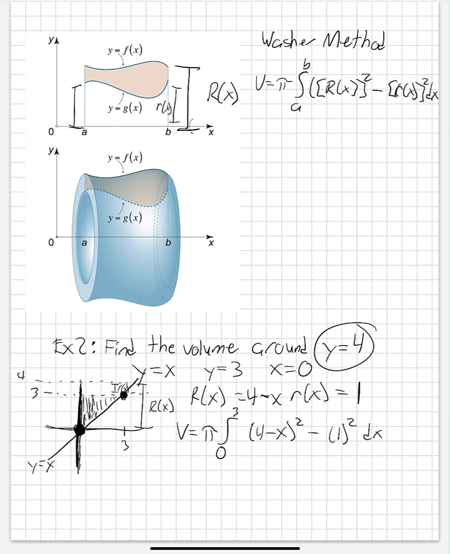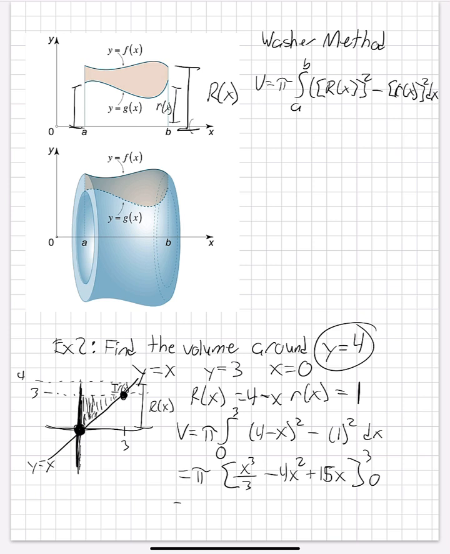Okay. So then I expand it out and I do my integration part, and I get x cubed over 3 minus 4x squared plus 15x from 0 to 3.